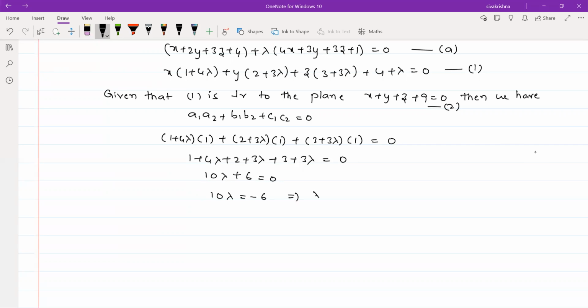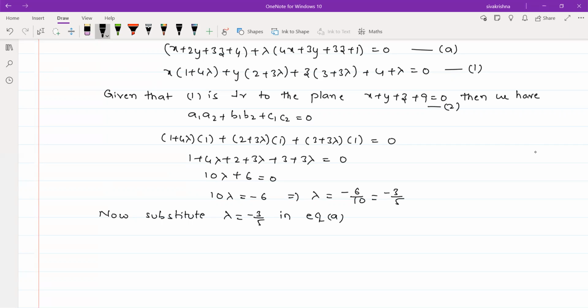This implies lambda is equal to minus 6 by 10, which simplifies to minus 3 by 5. So the lambda value is minus 3 by 5. After getting the lambda value, once again we substitute lambda equals minus 3 by 5 in equation A.